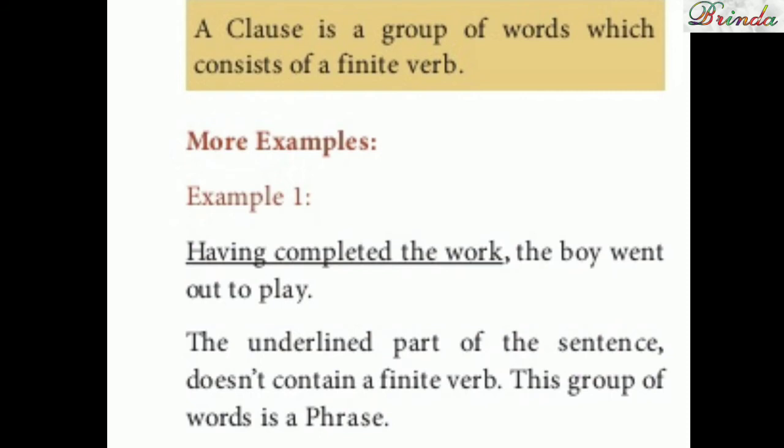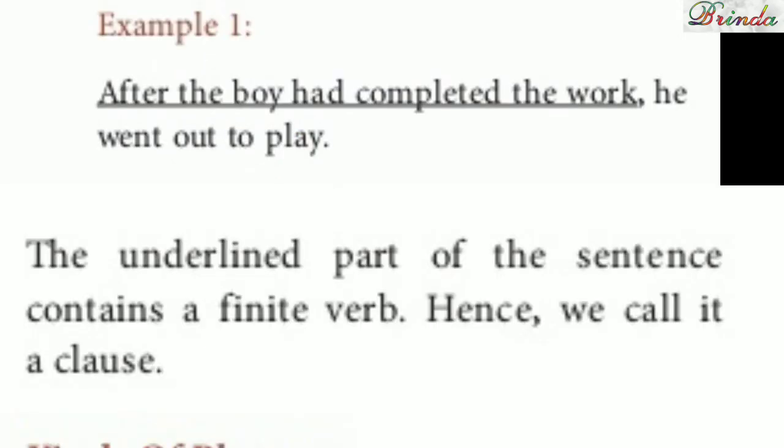Let us see some more examples. Having completed the work, the boy went out to play. The underlined part of the sentence doesn't contain a finite verb. This group of words is a phrase. Example 1. After the boy had completed the work, he went out to play. The underlined part of the sentence contains a finite verb.